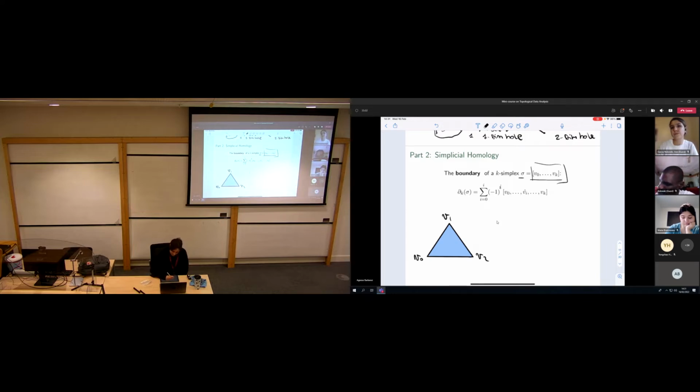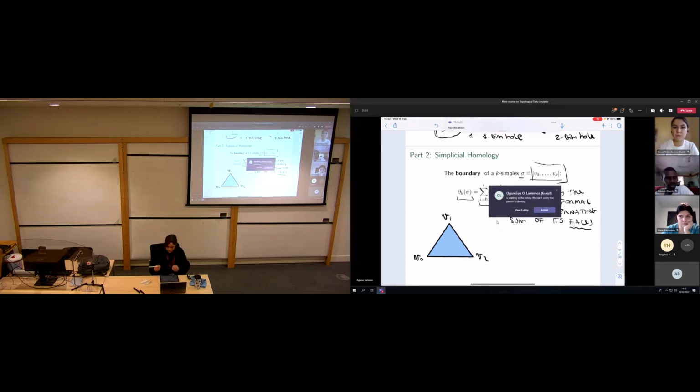The boundary of sigma is defined as the formal alternating sum of its faces. And again, by faces, I mean faces of dimension one less than sigma.